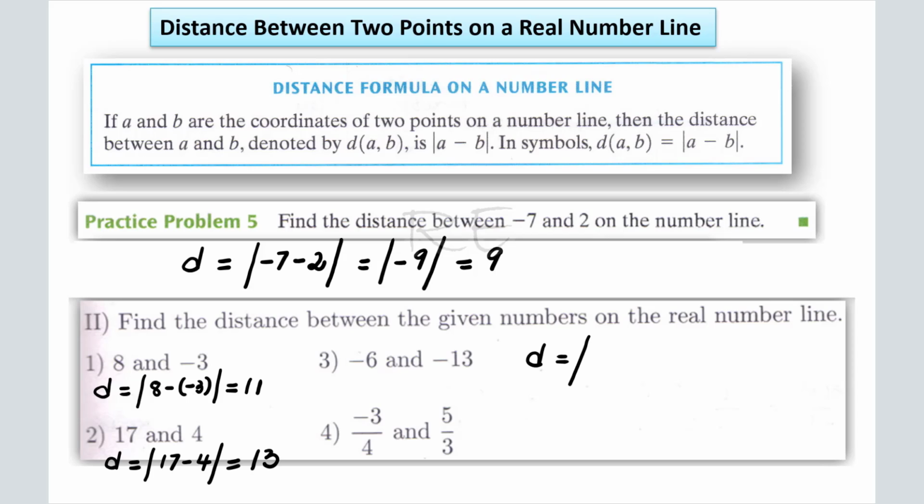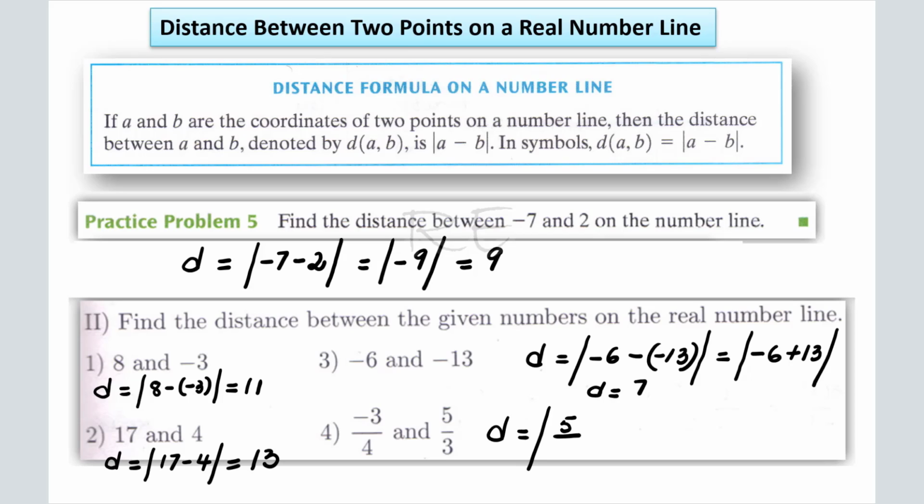Between -6 and -13, it's the absolute value of -6 minus -13, which is -6 plus 13, which will be the absolute value of 7, which is 7.